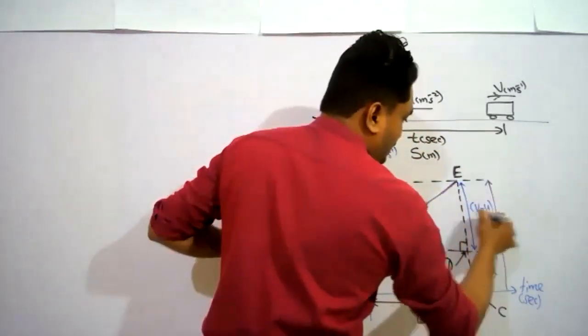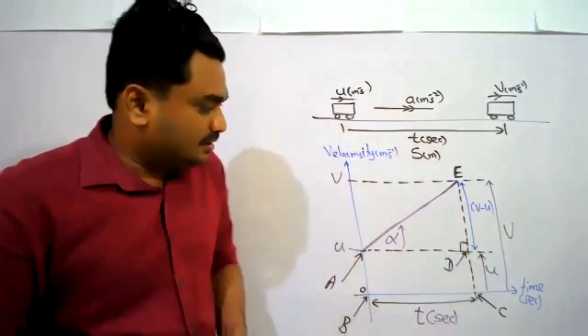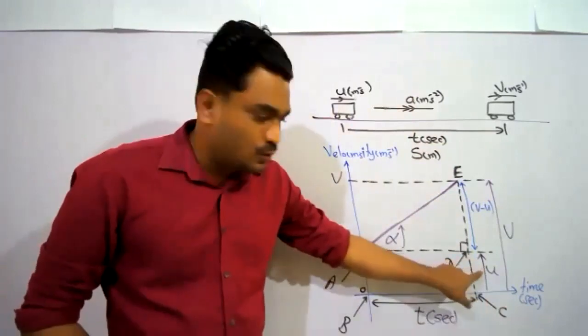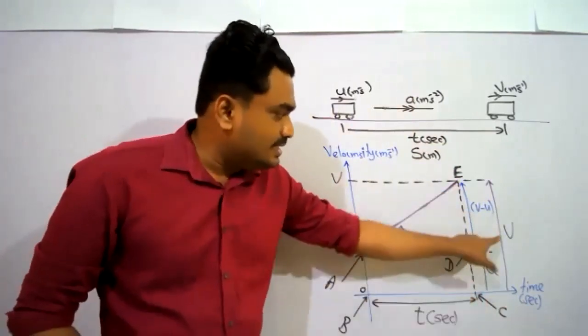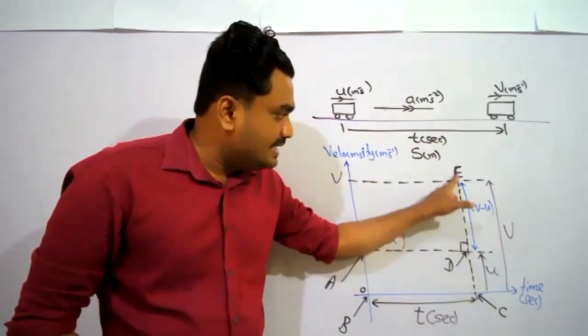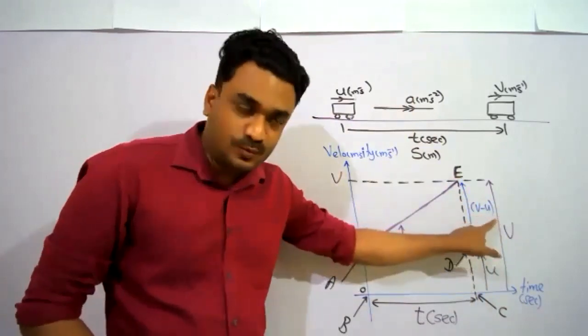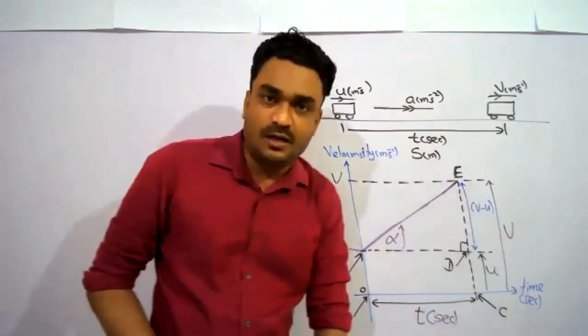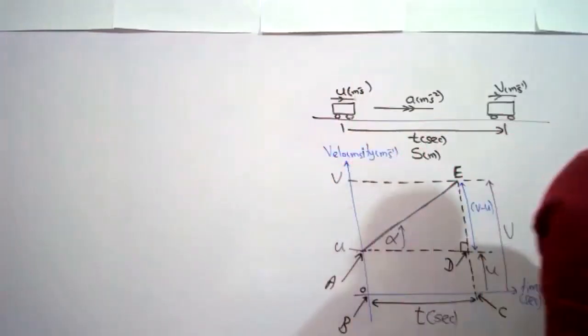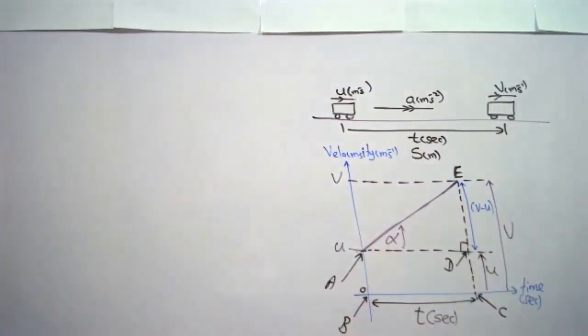Very good. CD length is u, CE length is v, therefore DE length is v minus u. Complete the note there and mark all of them on the figure.